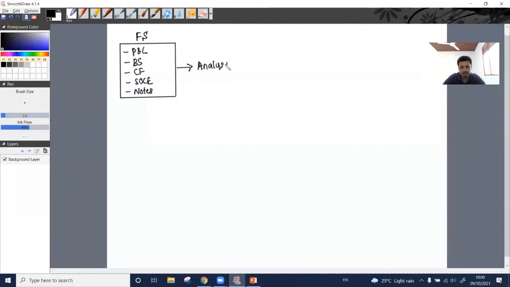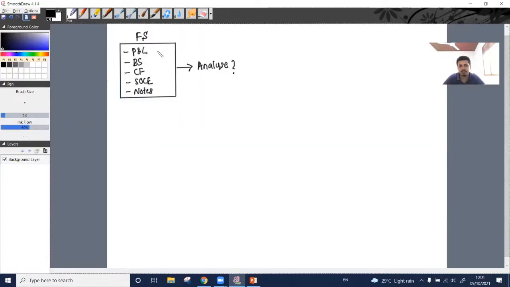So why do we need to analyze these financial statements? That is what we are going to do right now. What is the purpose of analyzing these P&Ls, balance sheets, and cash flow statements?